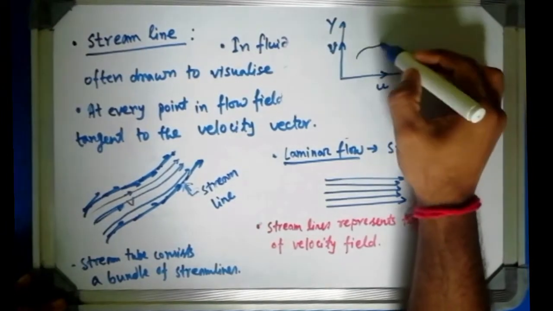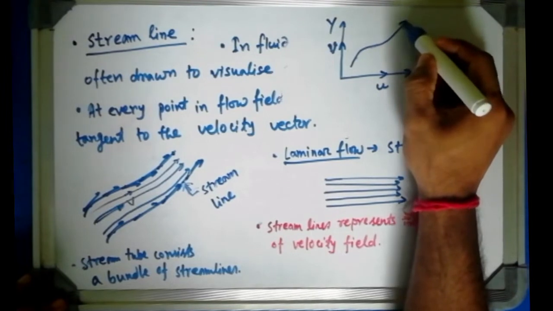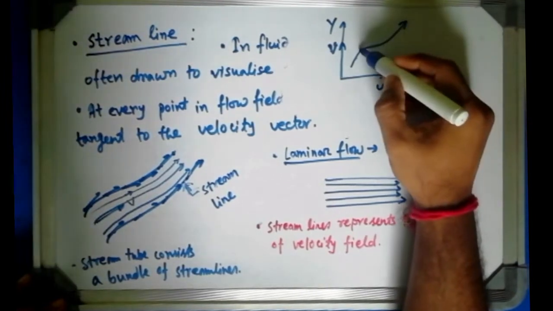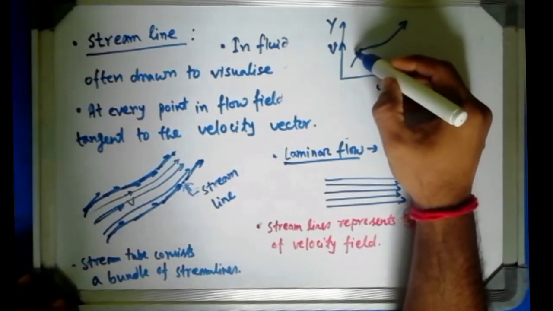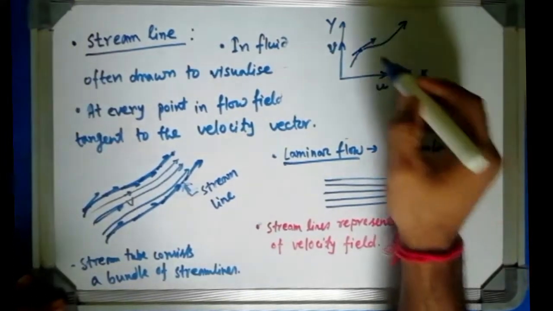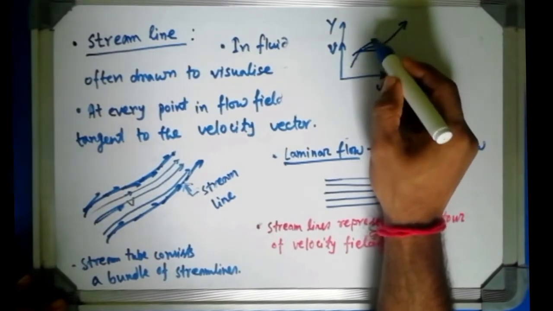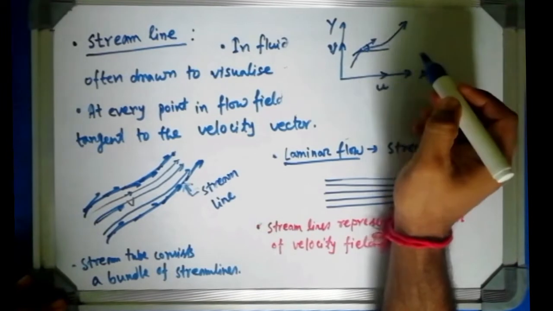Now suppose a streamline is of this nature, this is a streamline I have drawn. So obviously at every point if I draw a tangent, it will look like this, the tangent at this point. If I try to find out the slope of this particular tangent, what will be the slope?